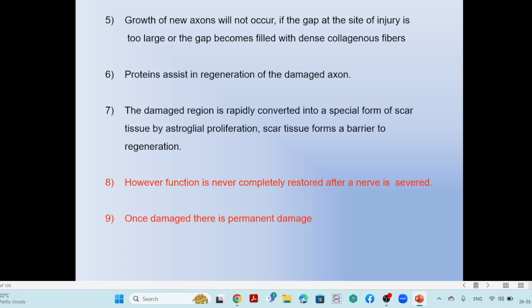Then proteins assist in the regeneration of a damaged axon. The protein molecules support regeneration of the damaged axon.